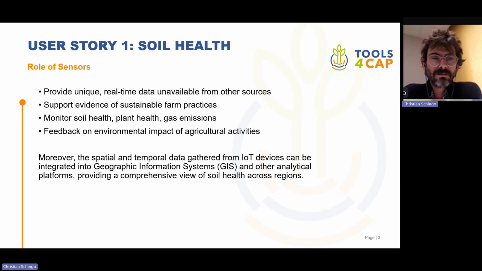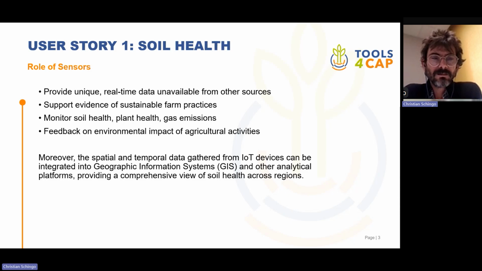Using soil sensors, and especially nowadays we are testing new sensors that are very close to what the analyses do, can give us real-time, very fast data that are not possible with other sources. Earth observation, for example, cannot give a full spectrum of the nature of the soil.